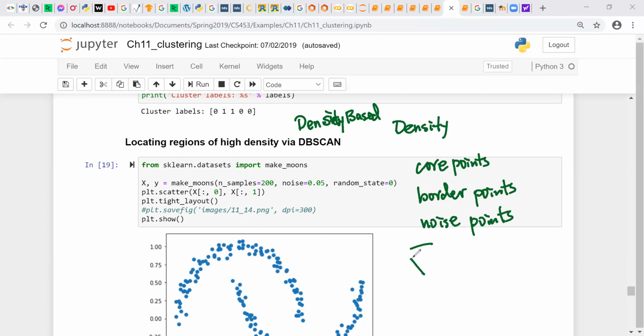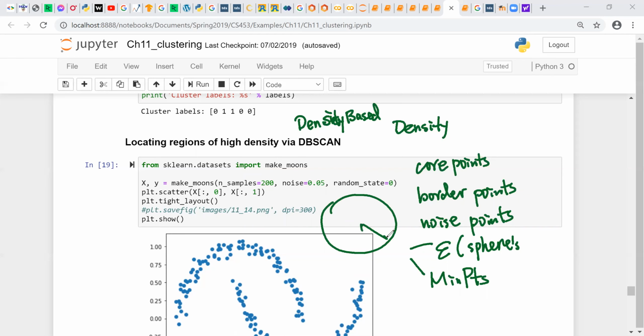And there are 2 parameters you need to think about: the radius of the sphere, which is basically some distance you define, and the minimum number of points. So you define a sphere with radius epsilon.